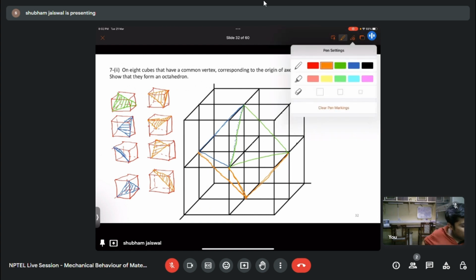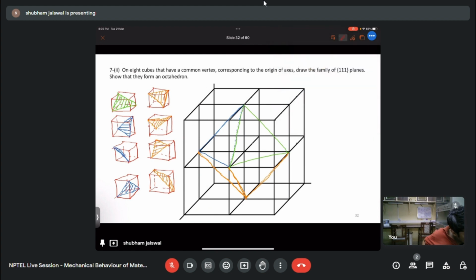Okay. Similarly, if I draw here, let me change the color. This is a 111 plane. And here also, if I draw, let's say this is for the second case, so here you can see you are getting an octahedron.